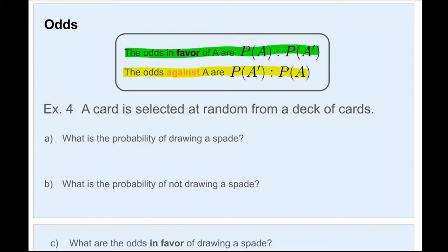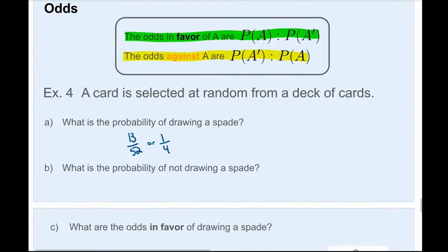So a card is selected at random from a deck of cards. What is the probability of drawing a spade? Well, if we know our deck of cards, a spade is 1 suit out of 4. So you could say 13 out of 52, or 1 over 4. What is the probability of not drawing a spade?